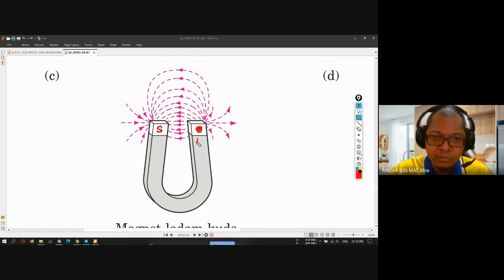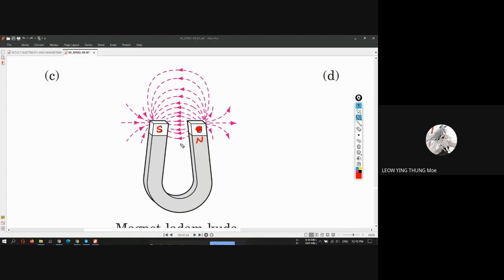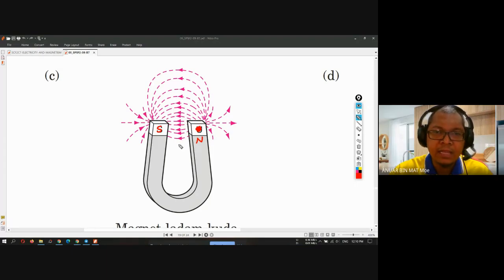What happens to magnets when there is a different polarity? Attract or repel? For example, here south and north are close together. Attract or repel? Yes, correct. It will attract.